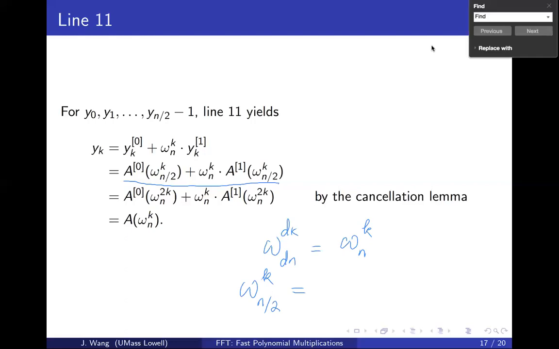Omega_n 2k is omega_2k 2 times n over 2. So this d is 2, so they can cancel, and this is omega_n over 2k. So that's why these two are equal. Okay.